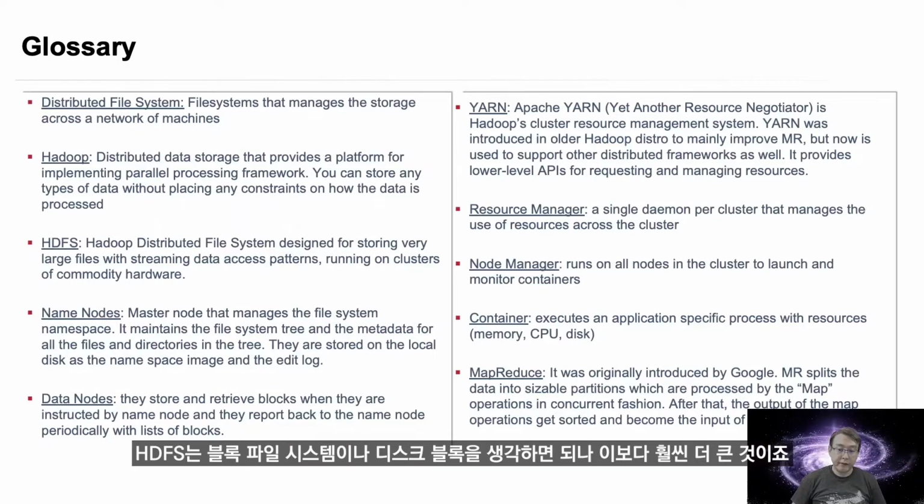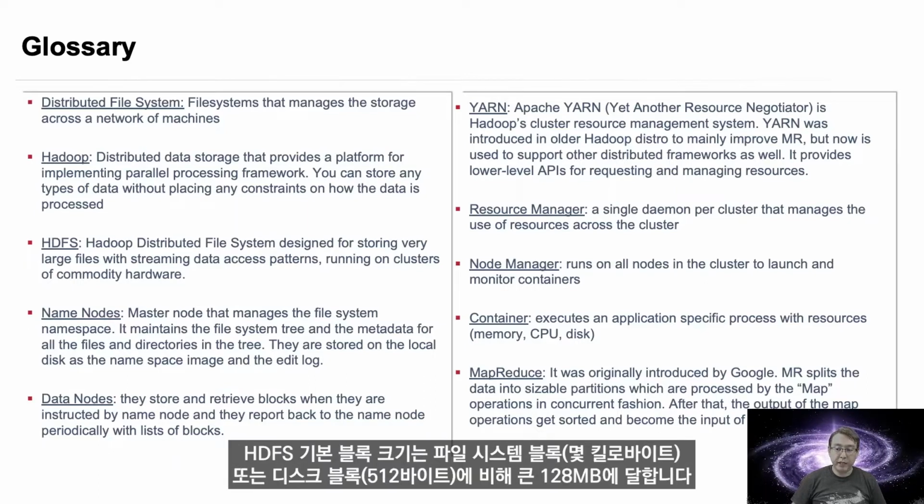HDFS. Think of block file system or disk block, but it is much bigger. The HDFS default block size is 128 megabytes compared to the file system block, which is few kilobytes, or disk block is about 512 bytes.